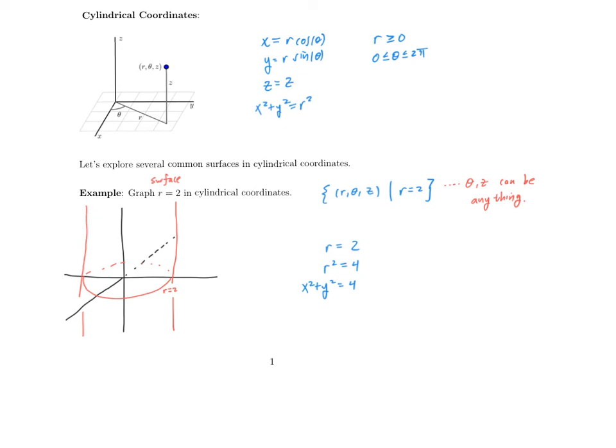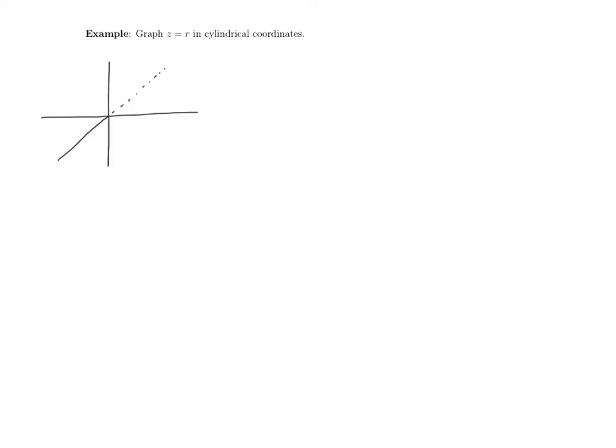Let's look at one more common surface in cylindrical coordinates. Let's take a similar approach to graph the equation z equals r in cylindrical coordinates. We can reason our way through this using intuition, or we can work with this equation more quantitatively, which I think is the simplest approach.